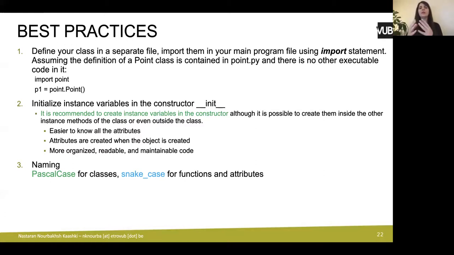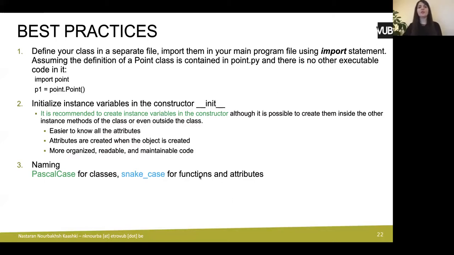So for example, you have a point class which is defined in point.py. It doesn't have any other executable code inside itself. It only has a class definition, and you can import that with the name of the file.